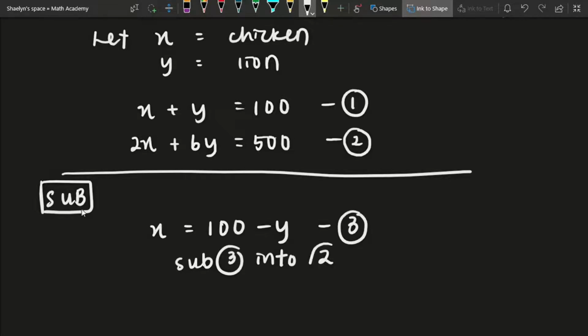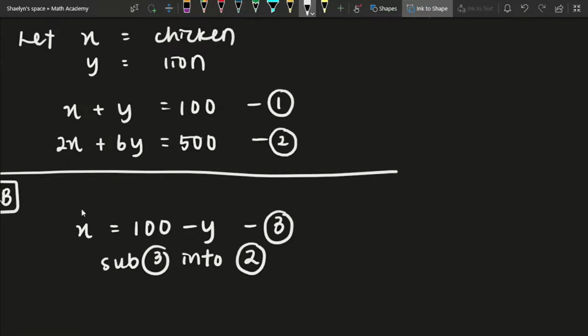Why do we sub it into 2 instead of subbing into 1? Because the first equation is the same as the third equation. They are just in different positions. If you sub the third equation back to the first equation, you actually get nothing. It's like 100 minus y, this is x, right? Then plus y equals to 100.